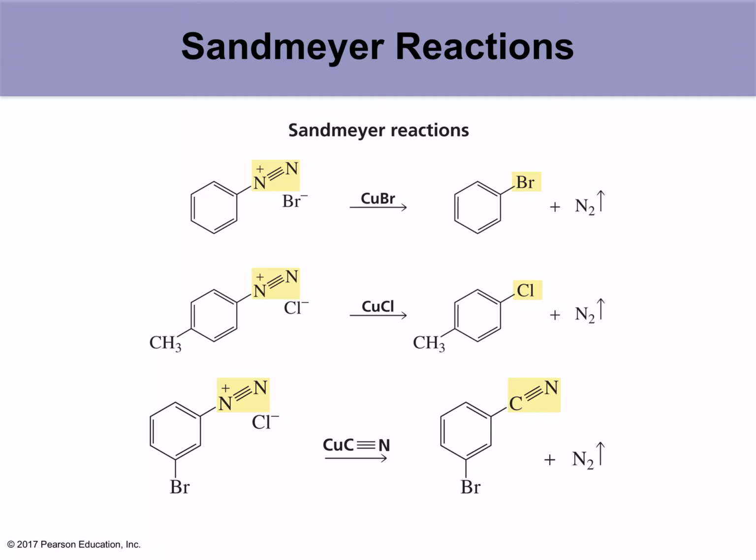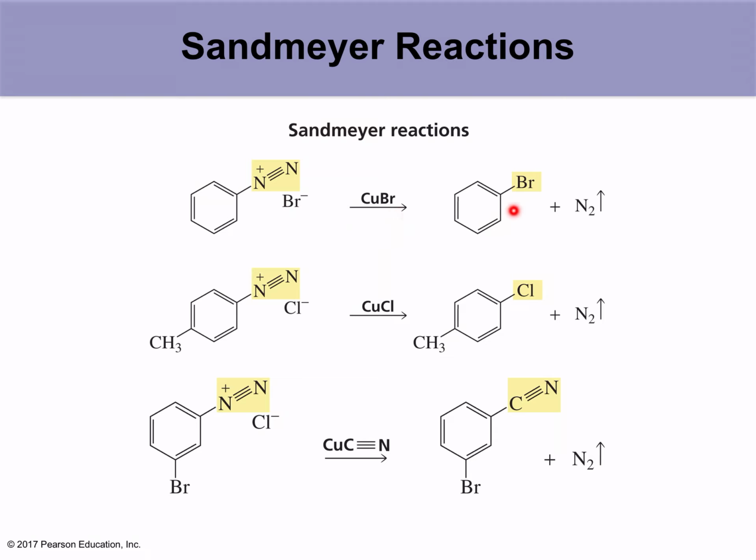The reactions that substitute the diazonium group, we call this class of reactions Sandmeyer reactions. Now, for example, if you want to put a bromine on the benzene ring, you take the diazonium salt and you react it with copper(I) bromide.